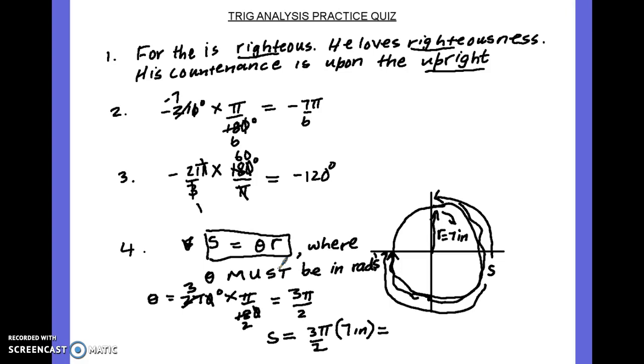So since we're rounding to the 10th place and the 9 is in the 10th place, then we have to add 1 to that 9, make it 10, and then that 1 from the 10 is added to the 2. So our answer here would be 33.0, and our unit here is in inches. So that would be the distance traveled by the tip of that second hand going around here.